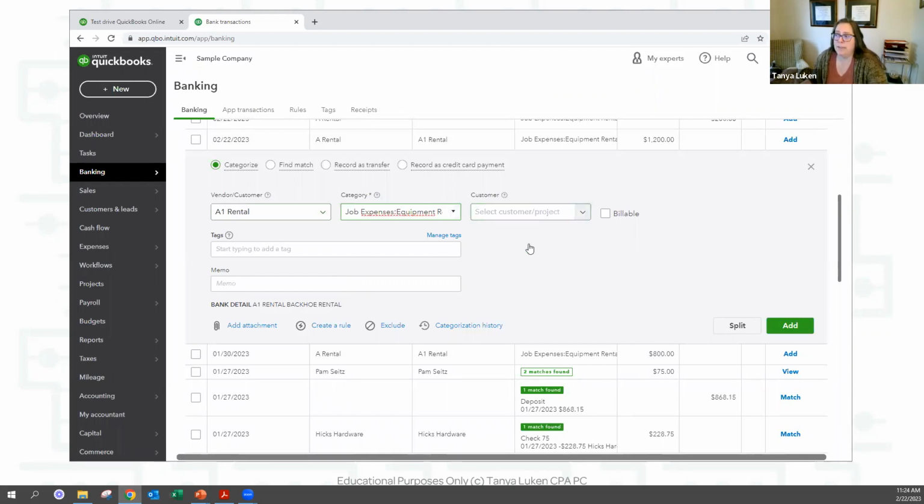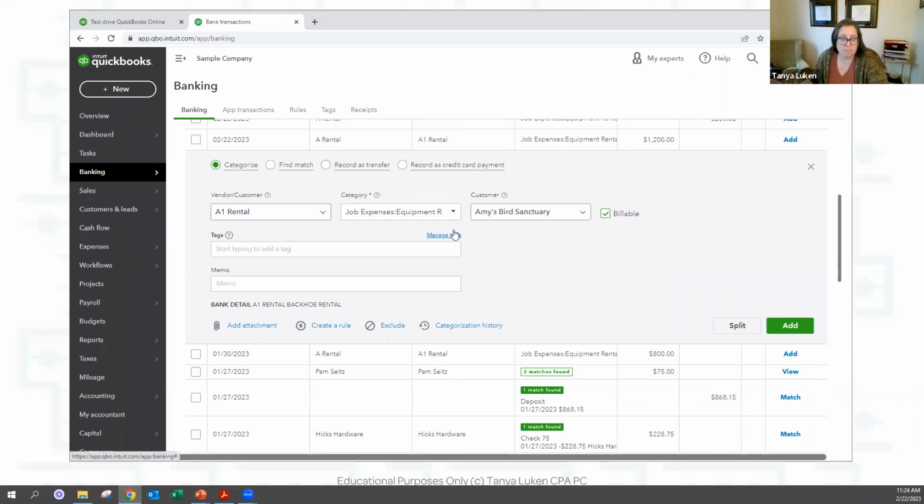We were talking about if we wanted to bill it back to a customer, that option is here. What you notice is missing is the taxable part, and the two-way product and service items. Remember we talked about Cassian or loads of bricks. You can't pick that you're buying 3 pallets of bricks from A1 Rental on this screen.